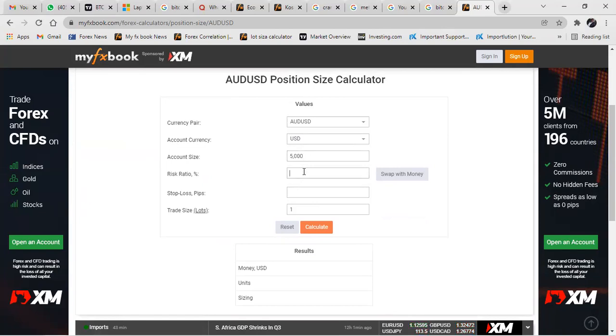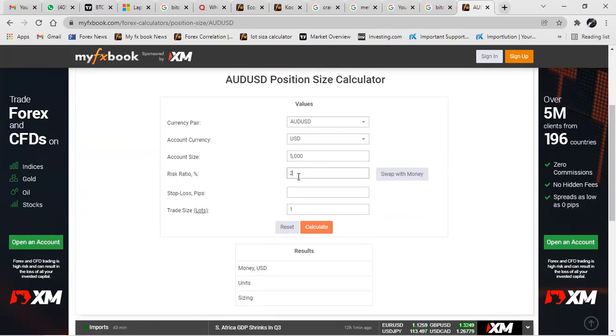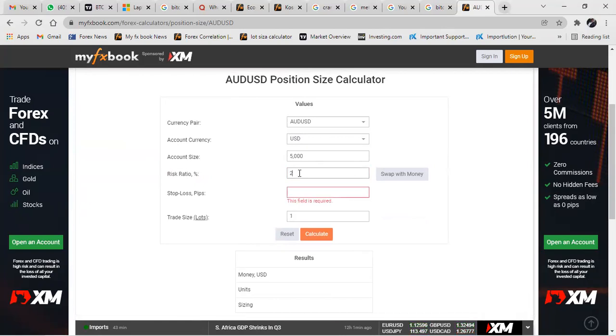Now you will determine what you are risking per trade. We normally advise don't risk more than 5%. You can risk per trade, let's say 2%. 2% of this will be $100, so you'll be risking $100.